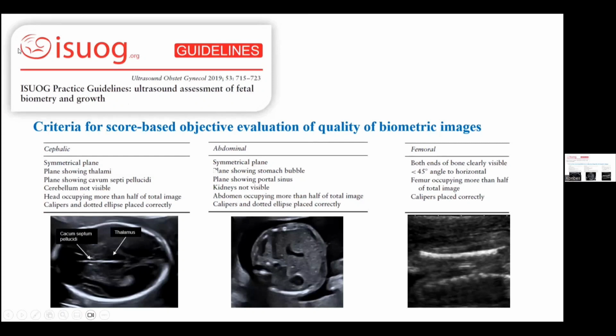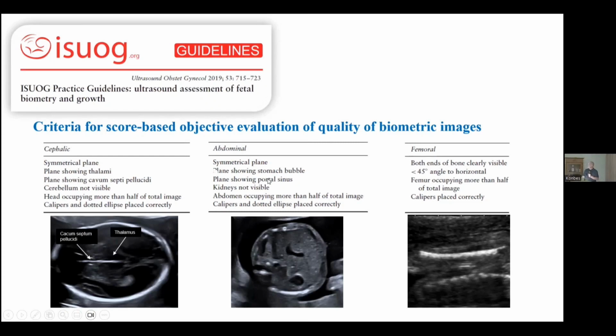And there are very good planes that were standardized, and we can go into details, but you see that it's very important to have a very clear, parallel and symmetric visualization of the fetal head with the structures of the thalamus and also the cavum septum pellucidum.